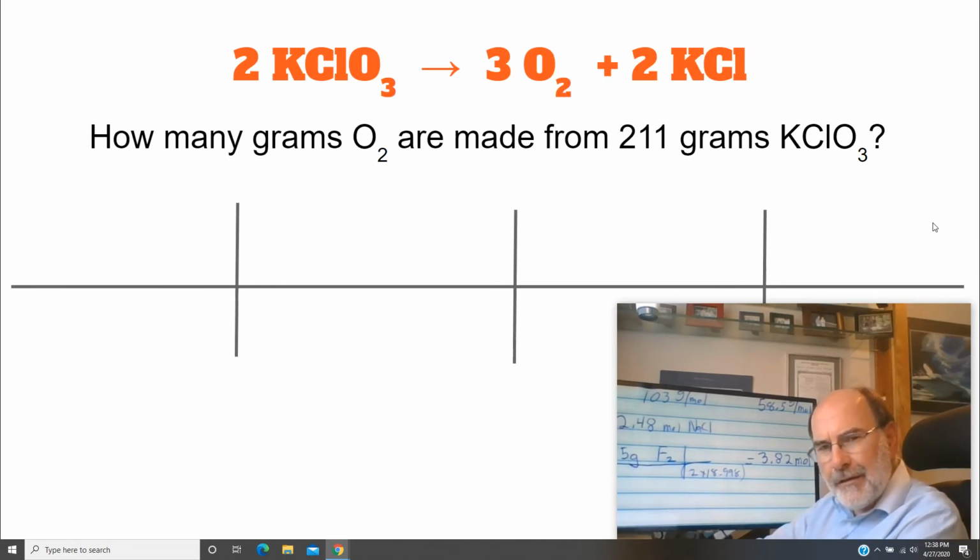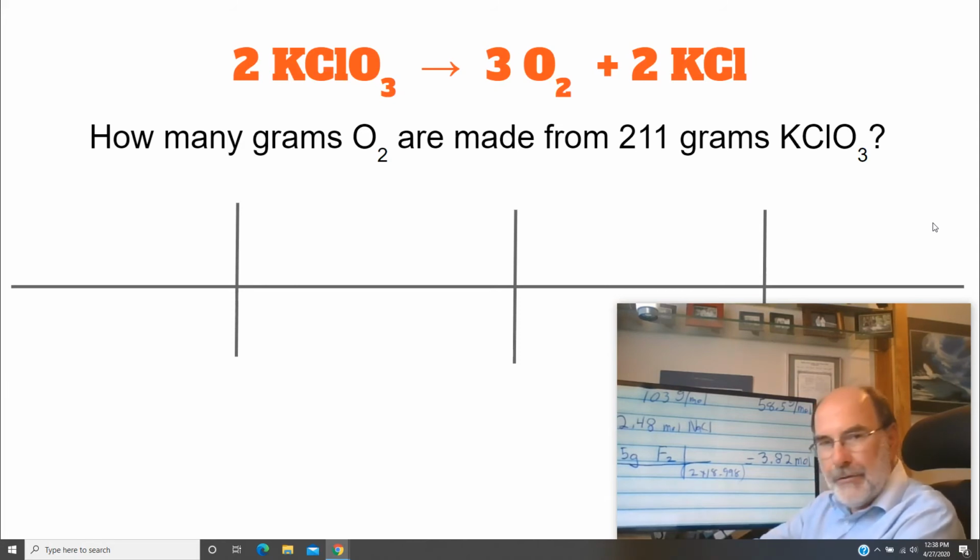We can see already that for every 2 moles of potassium chlorate, we're going to be producing 3 moles of oxygen gas. And step 4, because they're asking for the answer in grams, not moles, calculate how many grams there are in that quantity of moles of oxygen gas.